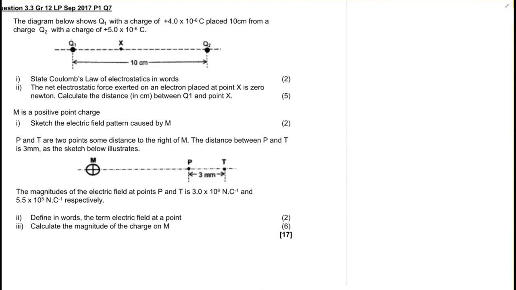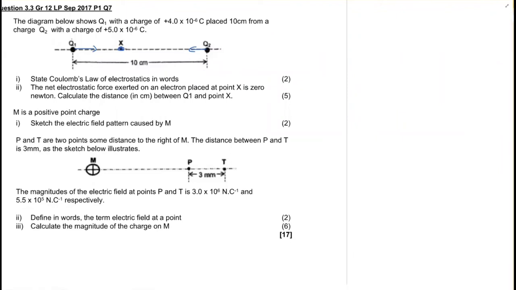So what's happening here? We've got 2 positive charges here. So there's a field in that direction, and then there's a field in this direction. So the fields are opposite, and they're saying that at point X, these 2 fields balance each other to give a net of 0.